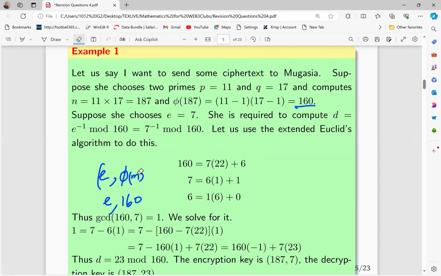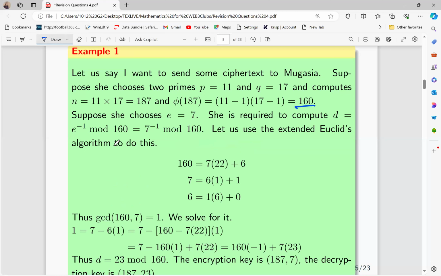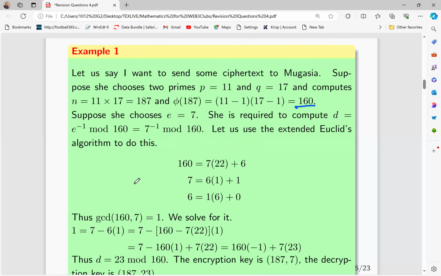After choosing that number, which is relatively prime to phi of m, she proceeds and finds the inverse of that number. Is that okay? This inverse, we said she'll use it to decrypt the message. We'll send to her the ciphertext.